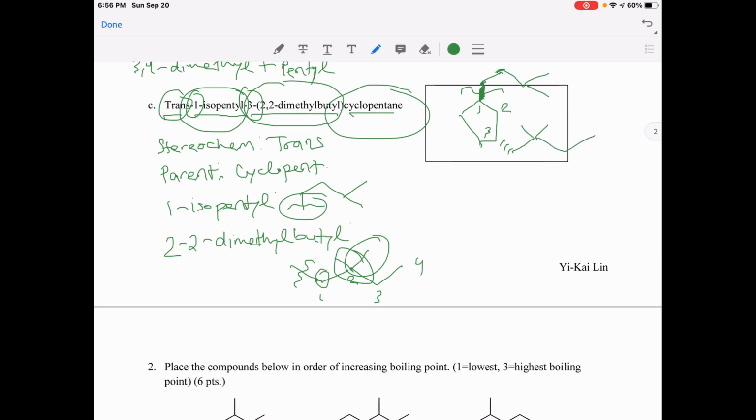If you look at this and this, you find that the wedge is only used to connect the cyclopentane ring to the first carbon of that substituent. And the same principle applies to the isopentyl substituent as well.